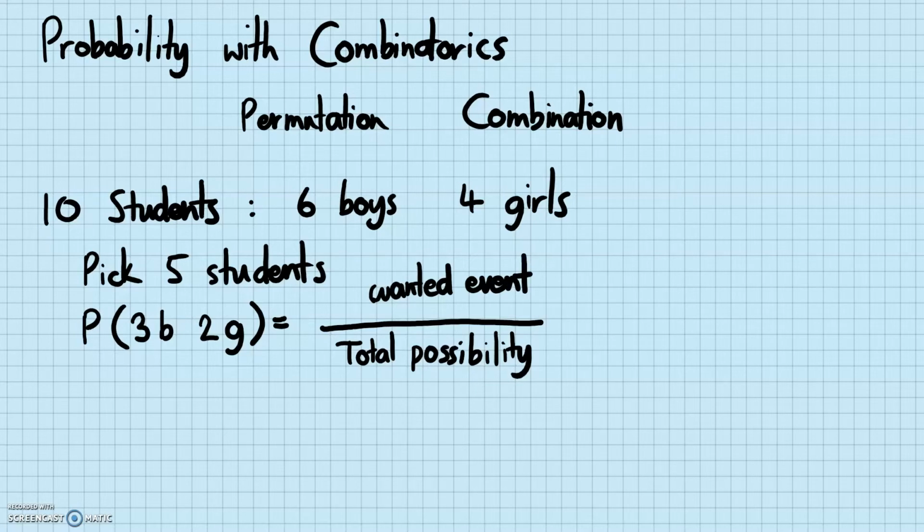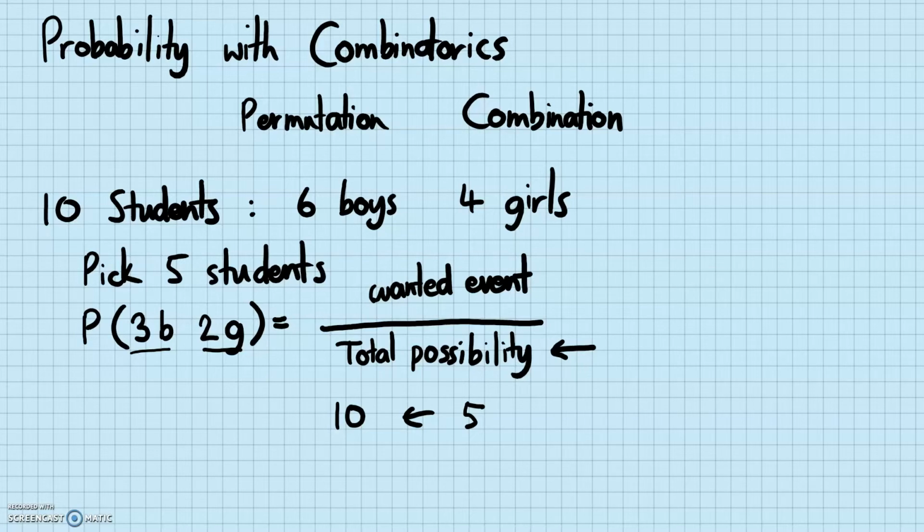Our wanted event for this part is 3 boys and 2 girls. Let's try and find the total possibility first. We have a total of 10 students, and we are picking 5 students from this group of 10 students. So we want to know how many possible ways of picking 5 students there are from a group of 10 students.